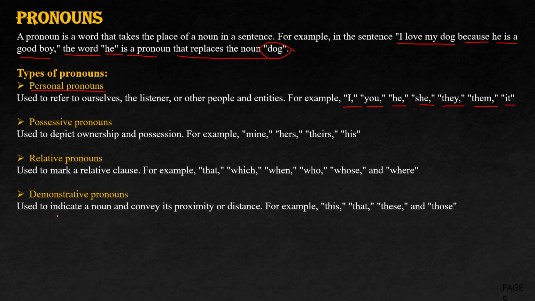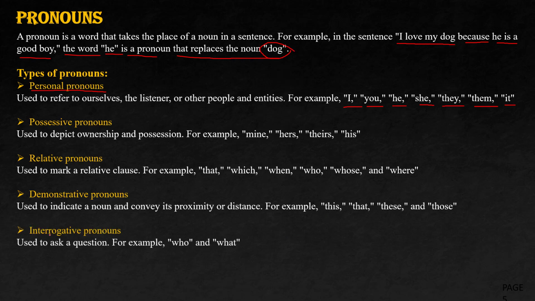Now we have demonstrative pronouns. They are used to indicate a noun and convey its proximity. For example, this, that, these, those. These many, those many. That is too much.